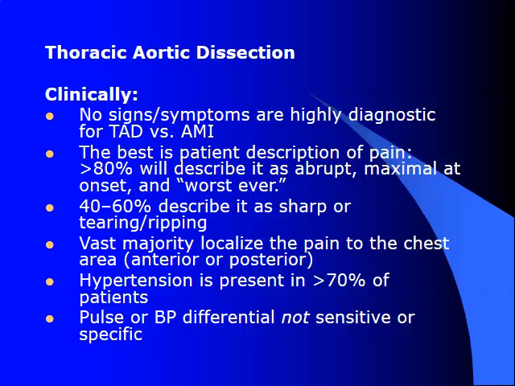Hypertension is present in the majority of these patients, and pulse or blood pressure differential is not really sensitive or specific. If you run into these patients that are having a thoracic dissection to the point where they're hypotensive, be prepared to treat the patient as a cardiac arrest.